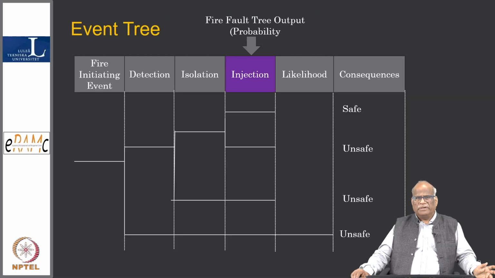Now the event tree we have brought in: whatever injection failures are there, finally they will become part of this, and then we will know safe or unsafe. So our criteria or our severity will be dictated. If it is safe, be happy, nothing to be done, it can remain down, but whatever the plant requires, you have time. But if it is in the unsafe category, you have to take immediate action.